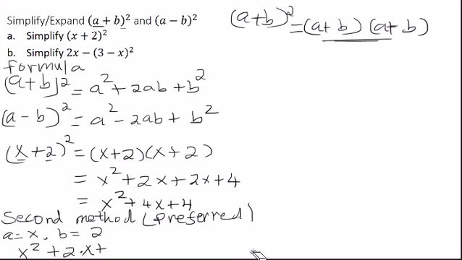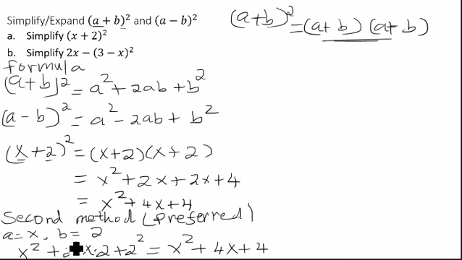If I simplify this, it is going to be x squared plus 2 times 2 is 4x plus 4.